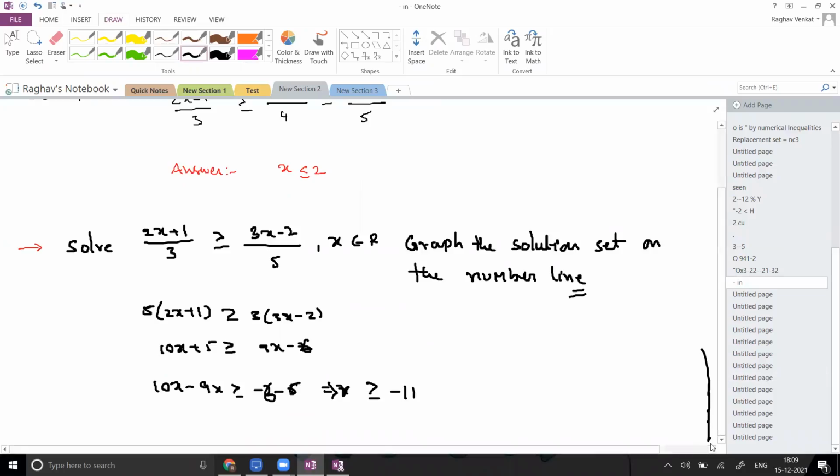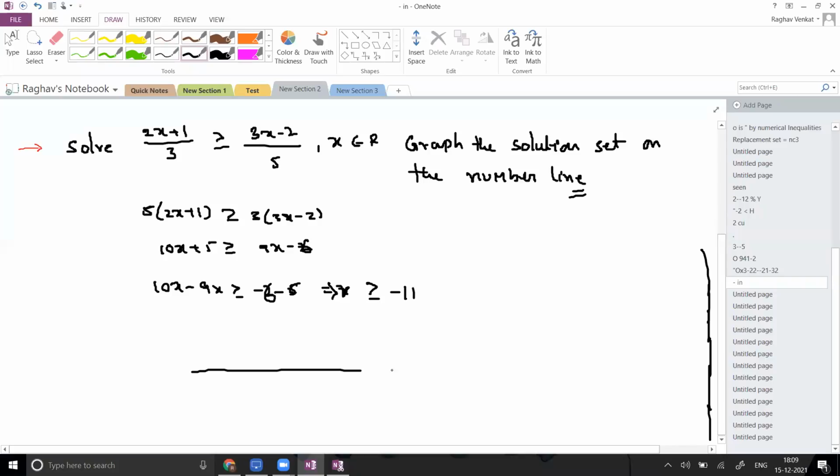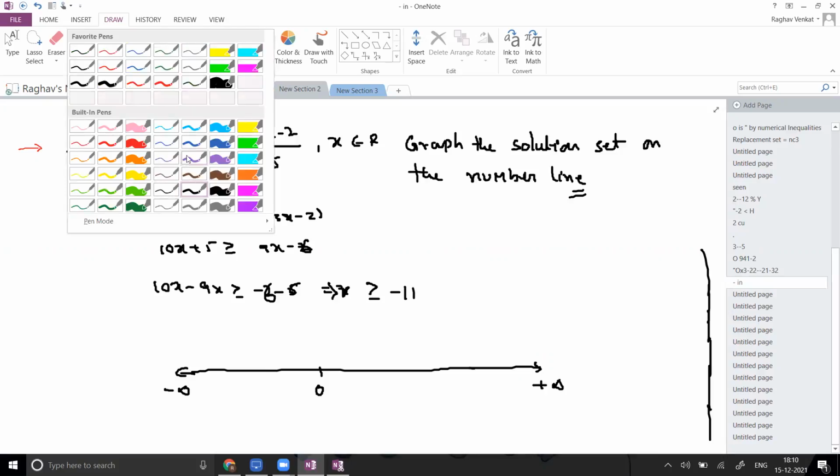Now you have to draw the number line. This is my number line: 0, plus infinity, minus infinity. Draw this with pencil, a little bit lighter. Then take a pen, black color or whatever you are using.